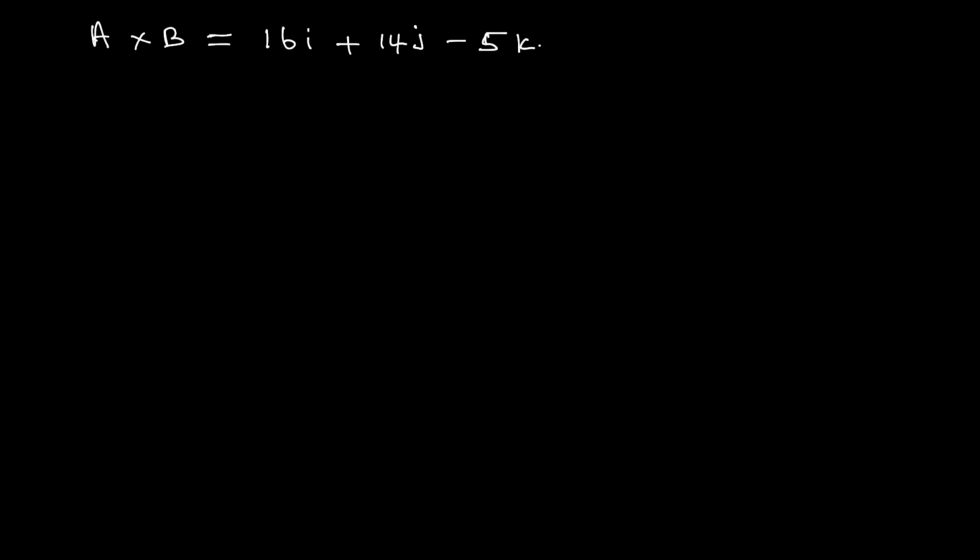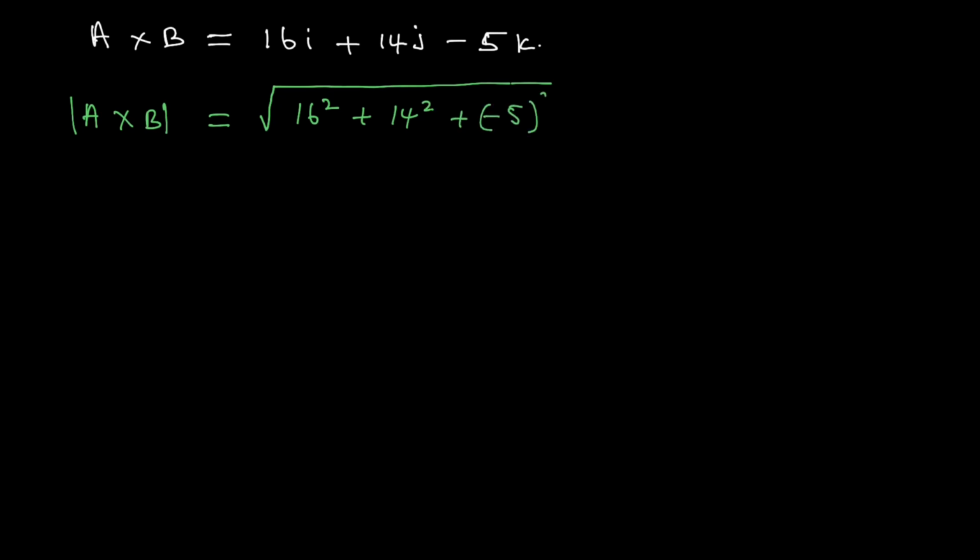So the modulus of A cross B will be the square root of 16 squared plus 14 squared plus minus 5 squared.